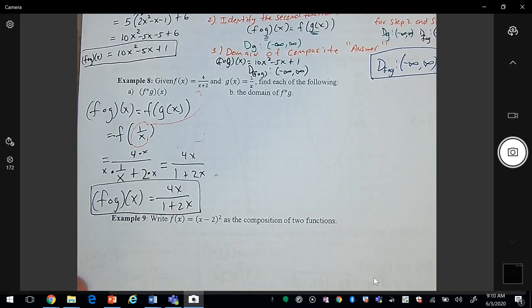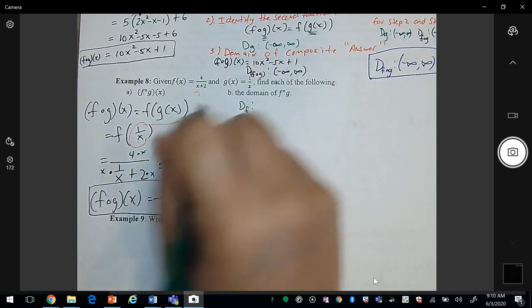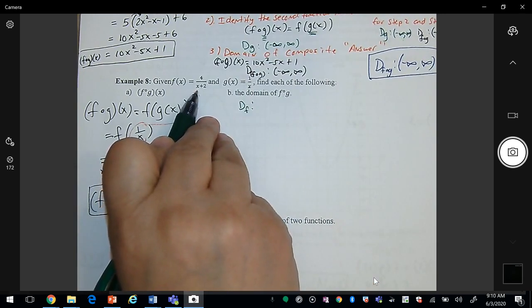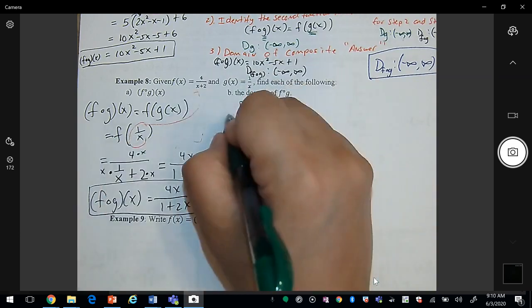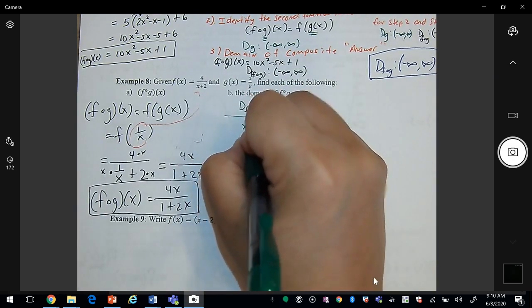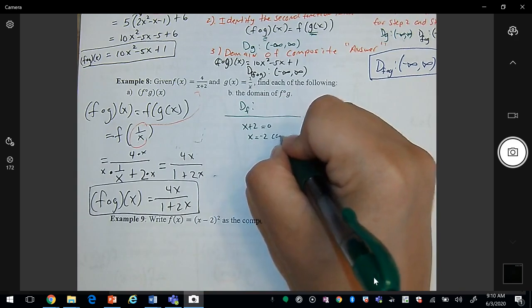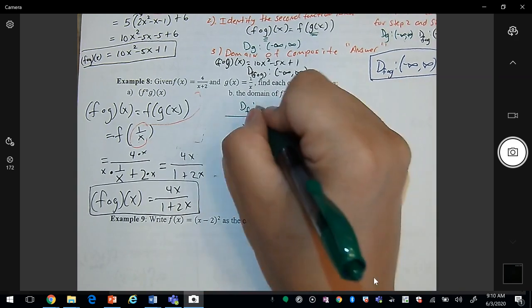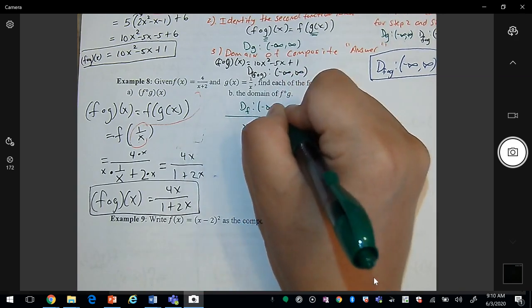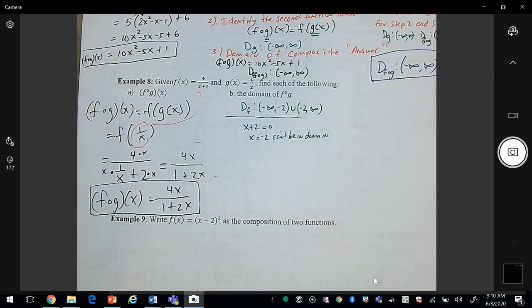Okay. So to find the domain, again, the first step is to determine the domain of each function. So here the domain of f, since we have an x plus 2, we set that equal to 0. So negative 2 can't be in the domain. So my domain will go from negative infinity to negative 2 union negative 2 to infinity.